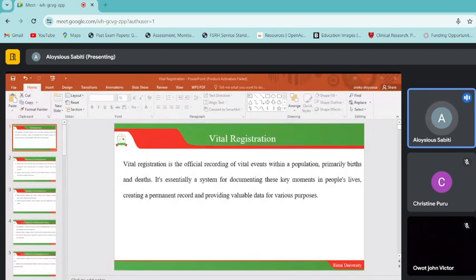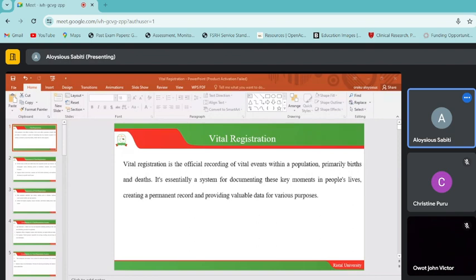Those international borders, most times there is what they call registration, vital registration. And those are some of the key sources of information on vital statistics. That is why it is very important for demographers to understand vital registration, because it deals with two key events in demography, and that is birth and death.